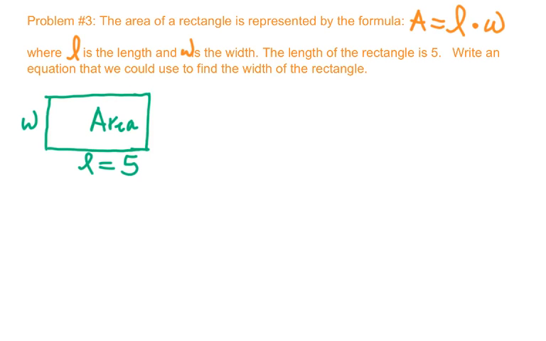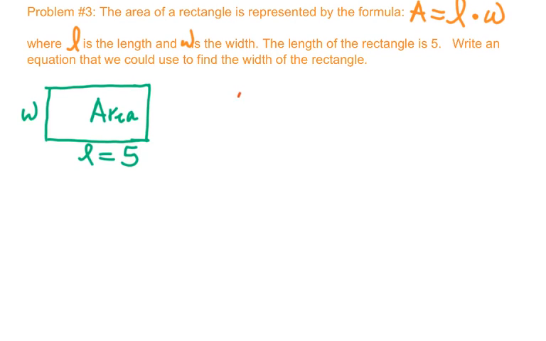What we're supposed to do is write an equation that I could use to find the width. I'm not going to solve for the width. I'm simply going to set up an equation to solve for the width. So the very first thing I'm going to do is write my equation of A is equal to LW, because that means length times width.